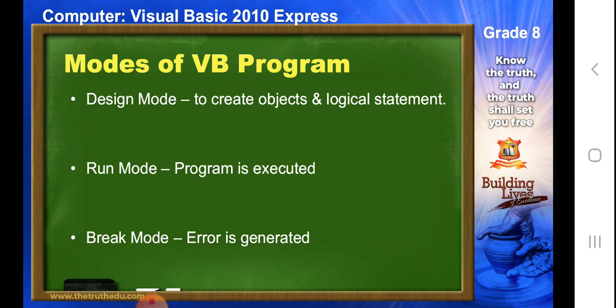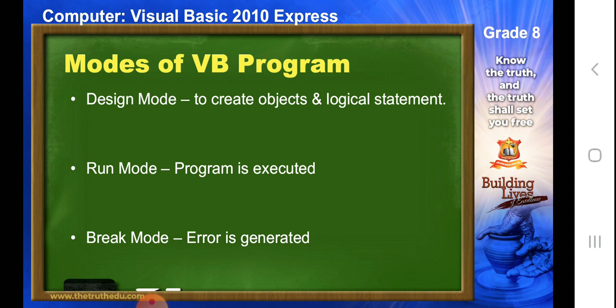The third step is the break mode. Break mode, as it suggests: suppose you're going in a car and suddenly you see an animal walking in front of your car or your bike or your bicycle. What do you do? You immediately apply the brakes. Why do you apply the brake? You apply the brake to avoid any kind of disaster or untoward incident. The same thing we do here.